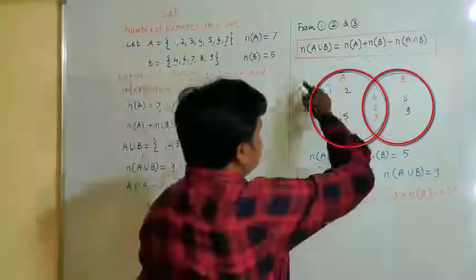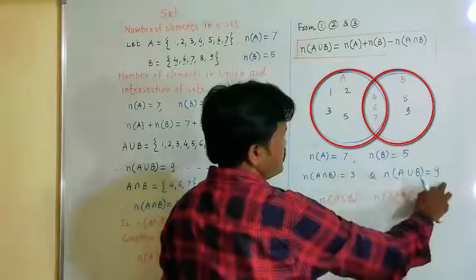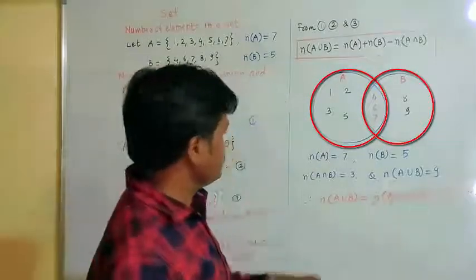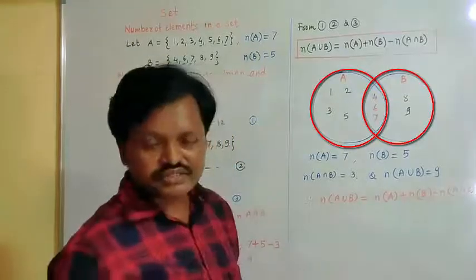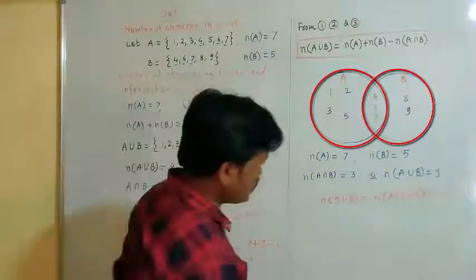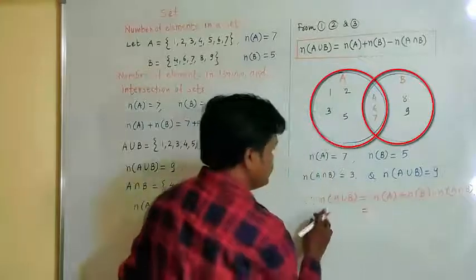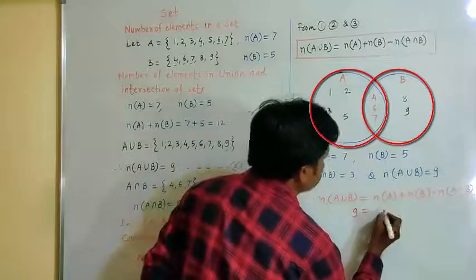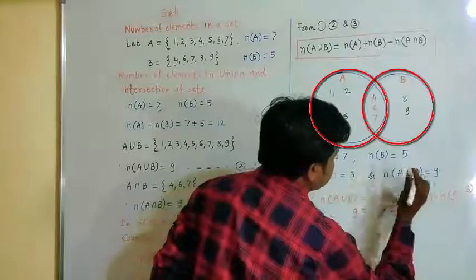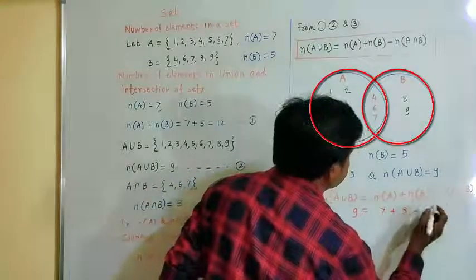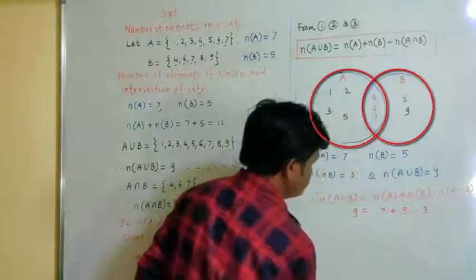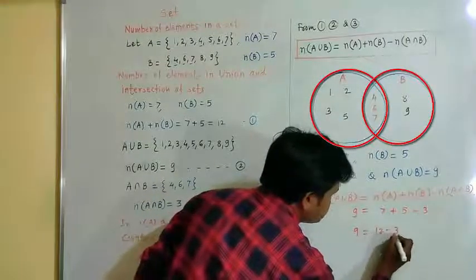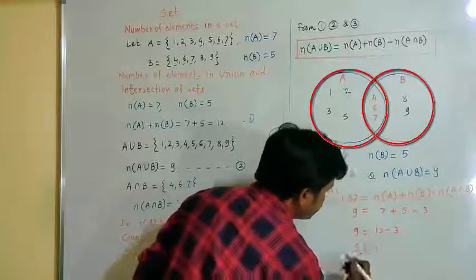म्हणजे युनियन घेतला ह्या सर्वांचा तर 9 येतो. Let me repeat this again. Putting in the values, n of A union B is 9, n of A is 7, plus 5, and minus 3. So 9 is equal to 12 minus 3, 9 is equal to 9.